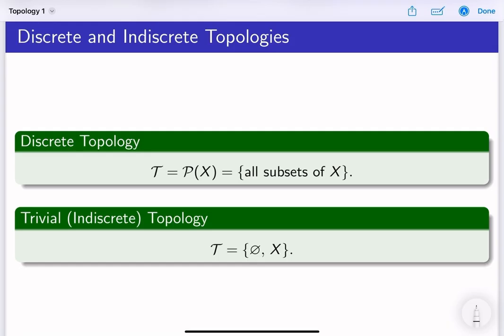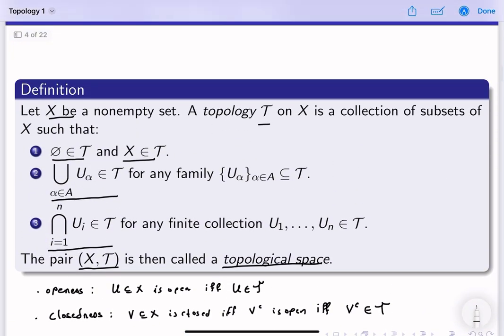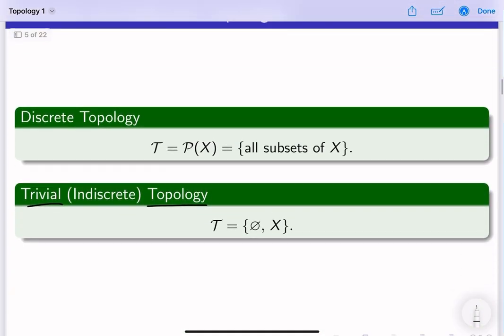We can start with the trivial examples. There is actually a topology that is called the trivial topology. And guess what we're gonna do? We're gonna just take a collection of subsets of X that satisfy one, and the rest of the conditions will follow easily. So this topology contains only the empty set and X. This is a topology on a set X that is non-empty, and it is defined by this collection of sets.